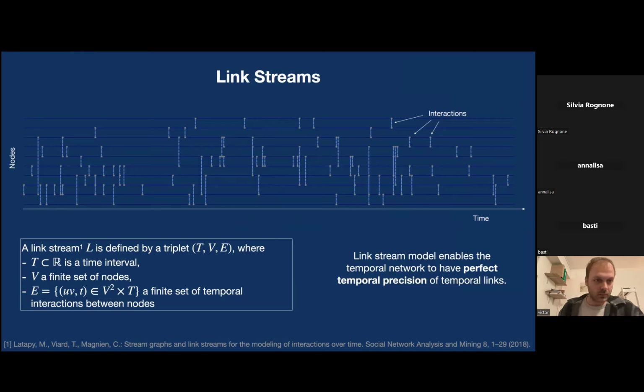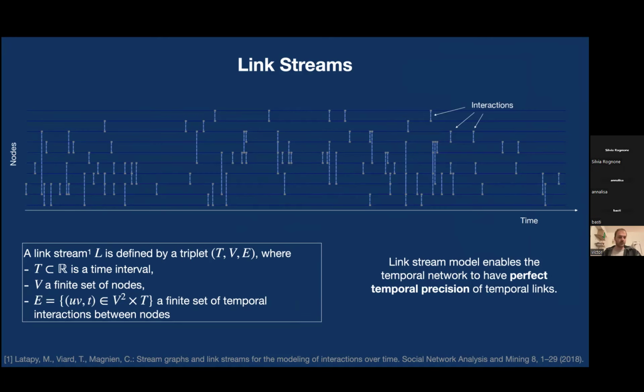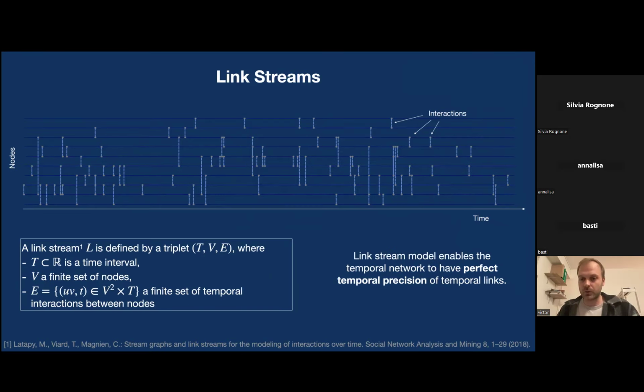So you can observe interactions between two nodes at any specific time. And this is how we define the link stream. We need a time interval, a set of nodes, and a set of events, or we prefer to say interactions. And this way we have perfect temporal precision.